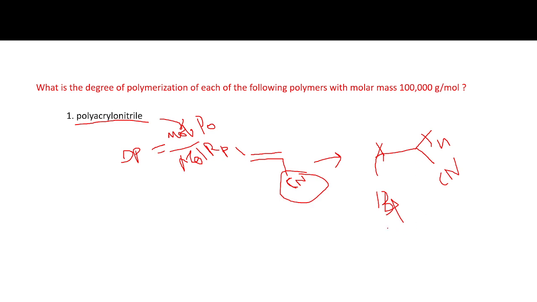Then this will be CN, that is 2 carbons, 28. Carbon is 24. Then there will be one hydrogen here, that is 1, and nitrogen is 14, that is a total of 15. So how much is it coming to? 15 plus 14 plus 24.